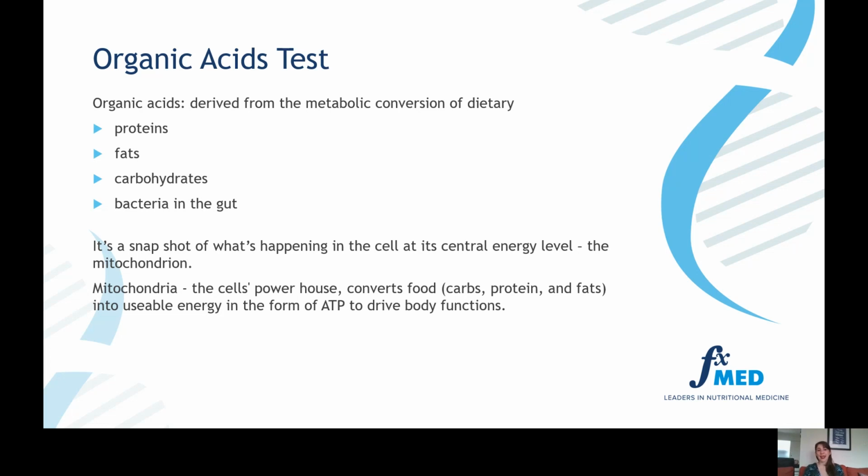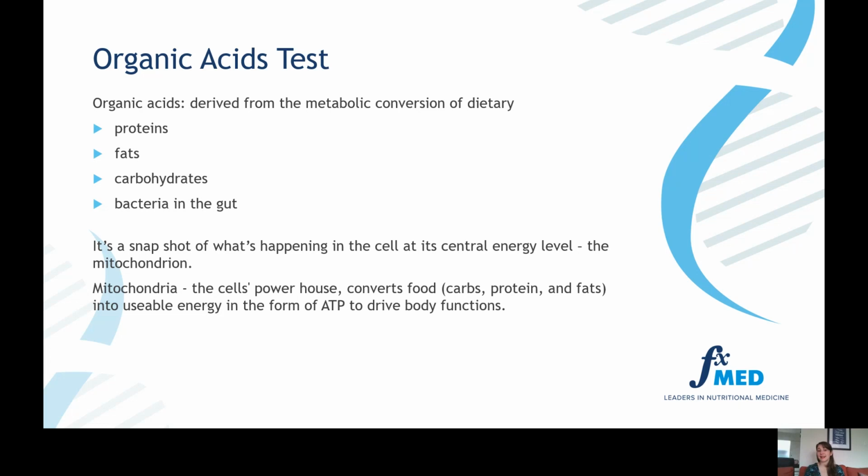So organic acids are derived from the metabolic conversion of things in diet, such as protein, fats, and carbohydrate. And they are also derived from metabolism of bacteria in the gut. So they are products of metabolism.